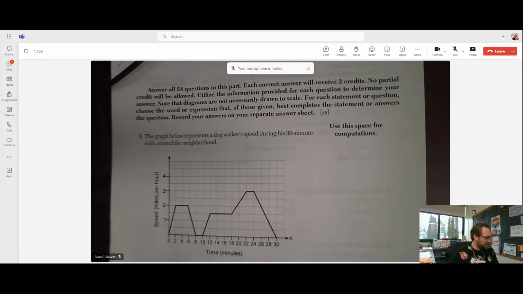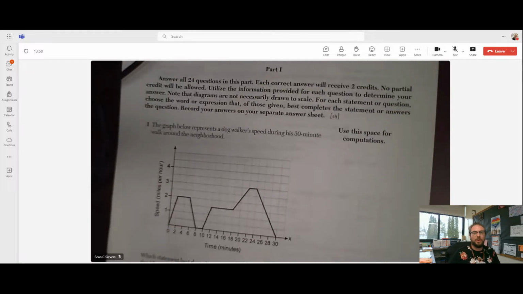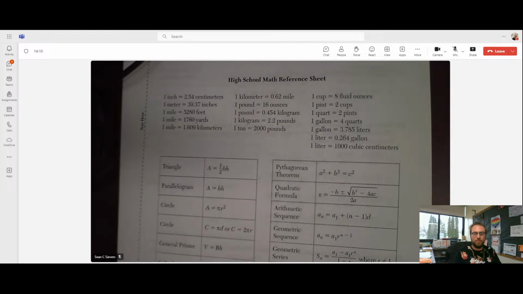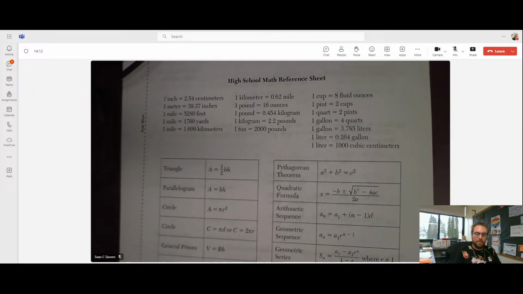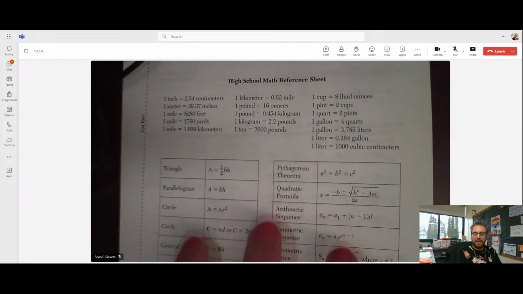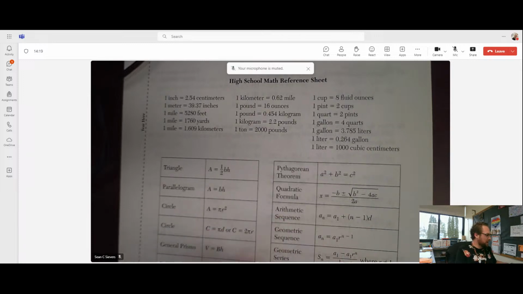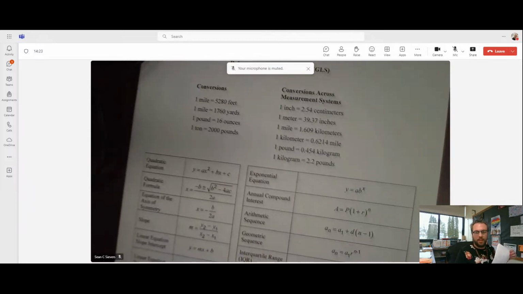Okay. So the first thing that I want to let you guys know about is the reference sheet. Okay. So I know in my class we've looked at a reference sheet for the old Regents exam, which is attached to this packet that you picked up from me. This reference sheet here is actually not the reference sheet that you're going to get on this Regents exam, okay? Your reference sheet is going to look something like this.